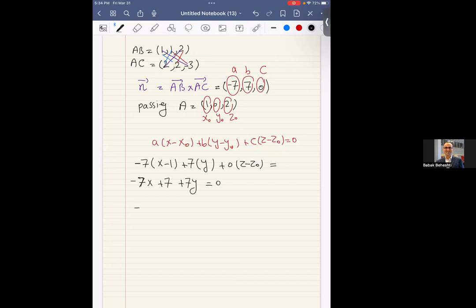So you have minus 7x plus 7y is equal to minus 7. If you divide this by minus 7, you get x minus y is equal to 1.